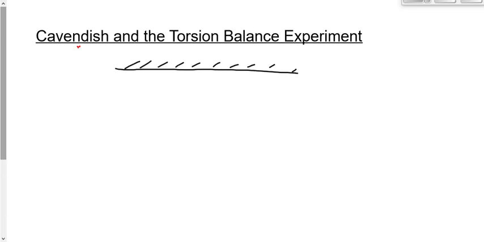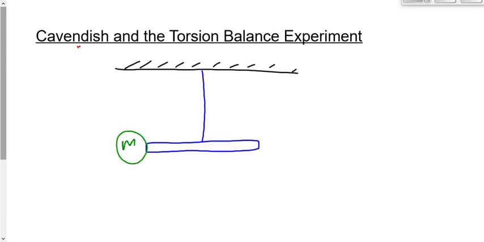Cavendish had a string or a thin wire hanging from something, top of a box, the ceiling of a little room. It's hanging from something. And on the end of that thin wire, he has a rod. On the end of that rod, he has mass 1, and he has mass 1.